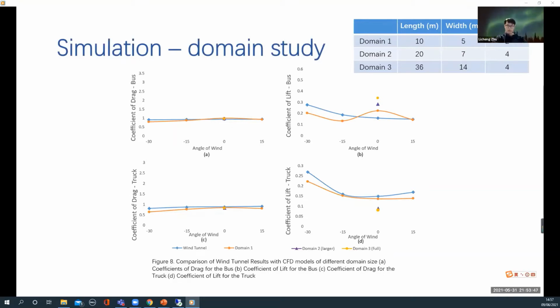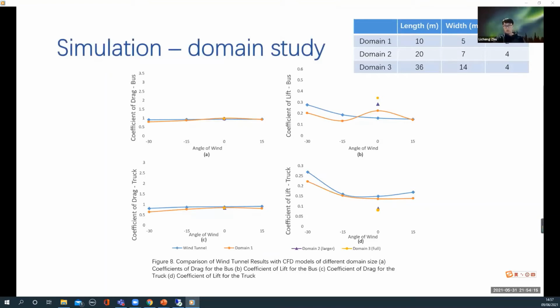Results in the figures show that the drag coefficients are similar. However, from the lift coefficient here, we can see that the results are different, and it needs more mesh refinement for the larger domain, because it uses a lot of power on the background mesh.